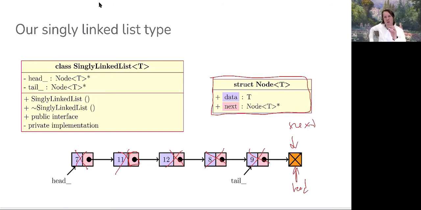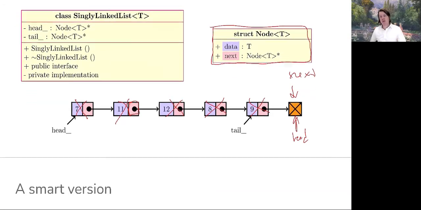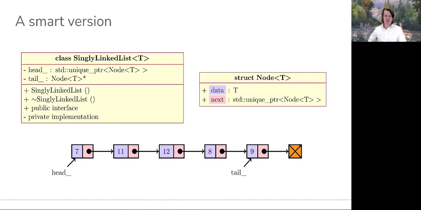And again, what owned the list? There was no concept of ownership here, and that's what's going to be introduced with our unique pointer version. So here's head, which is now going to be of type standard library unique pointer, and it's going to store a node.